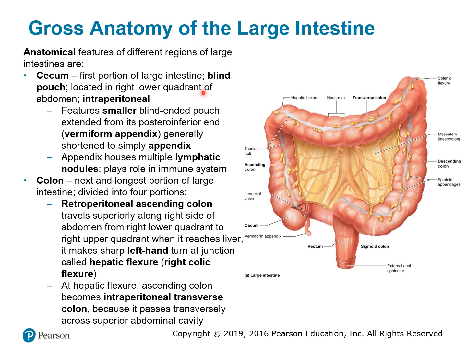Okay, so now we're going to talk about the different parts of the large intestine, its anatomical features, and it has different regions. We have the cecum, which is this part here that is going to join the small intestine to the large intestine.